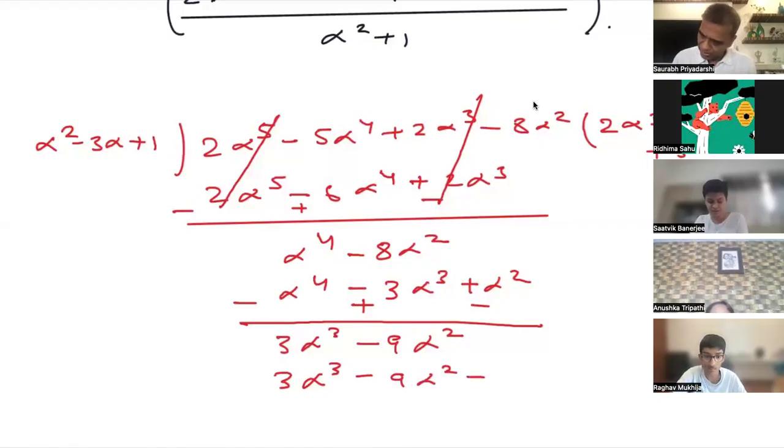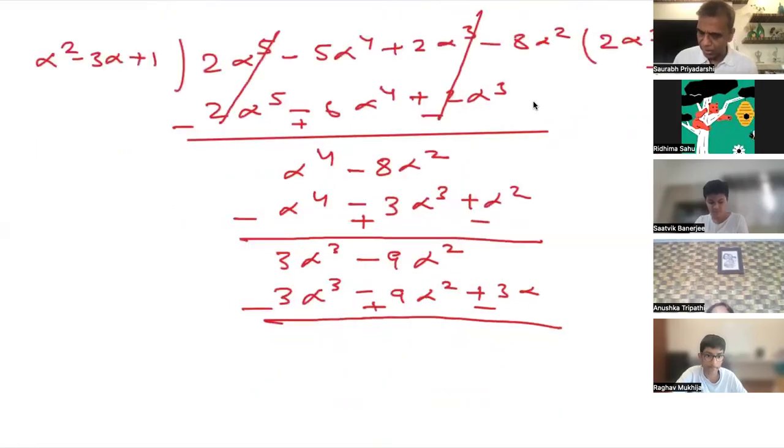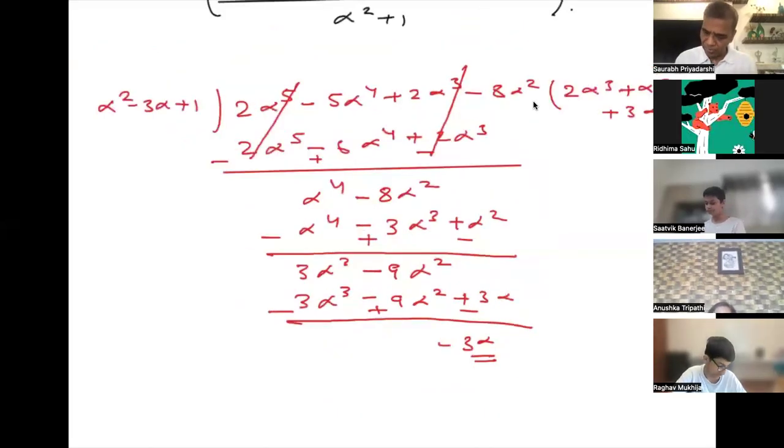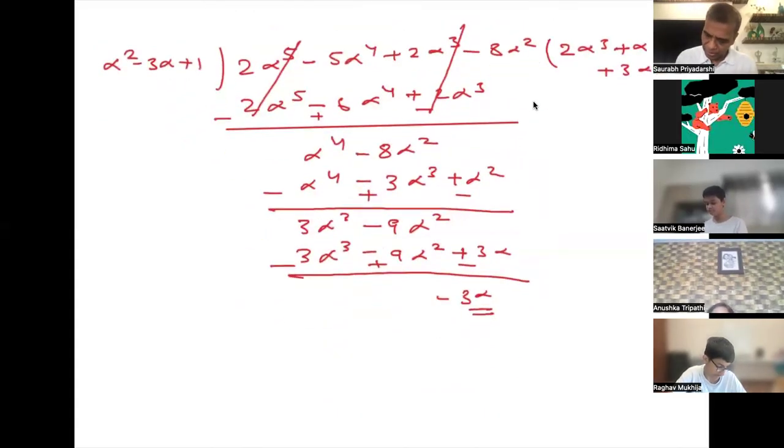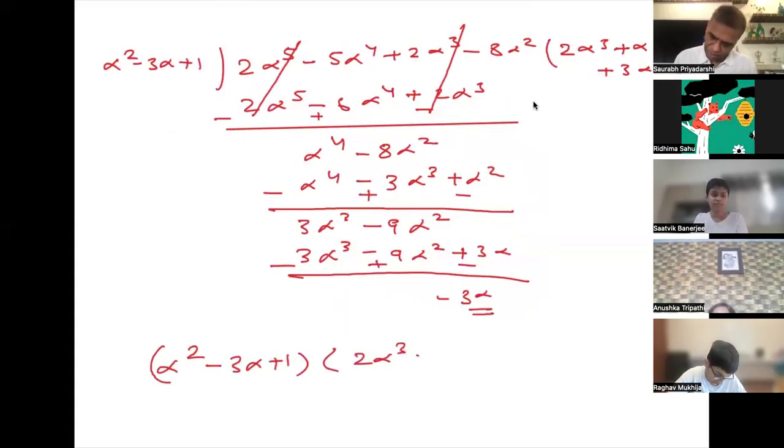Only the remainder, I guess 3 alpha is coming with a minus sign. Minus plus minus, so this is minus 3 alpha. So what I'm getting: alpha square minus 3 alpha plus 1 into 2 alpha cube plus alpha square plus 3 alpha, minus 3 alpha upon alpha square plus 1.